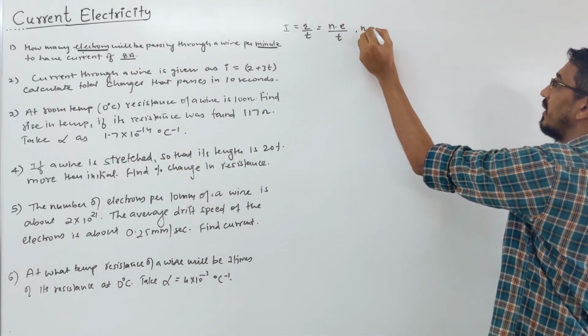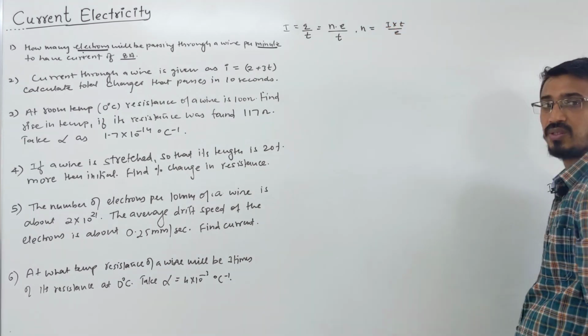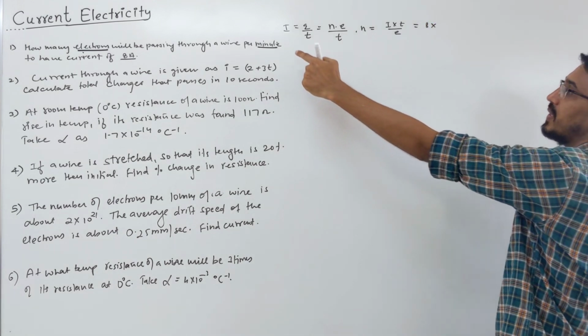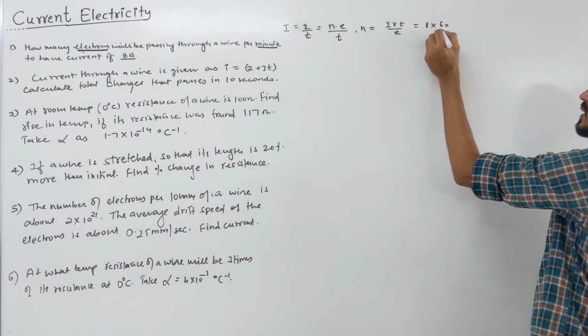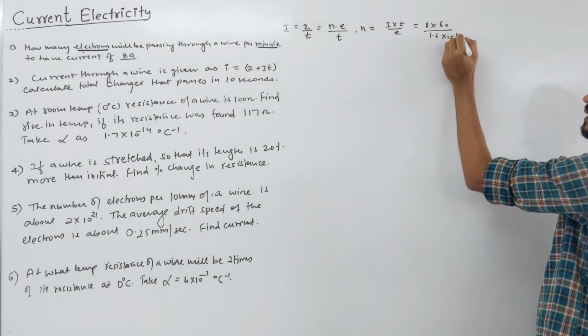So N will be current into time divided by the charge of each electron. Current is 8 ampere, time is per minute so 60 seconds, and the charge is 1.6 into 10 power minus 19.